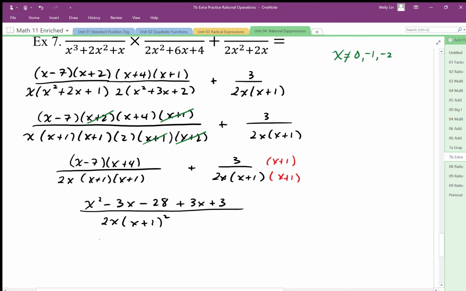So I end up with x squared, the 3x's cancel out, minus 25 over 2x times x plus 1 squared. Now, although this does factor, it does not generate any common factors with the denominator, so I'm just going to leave my answer like that.